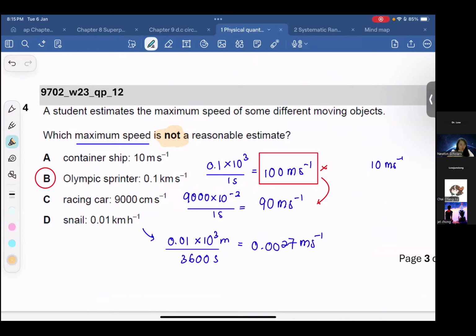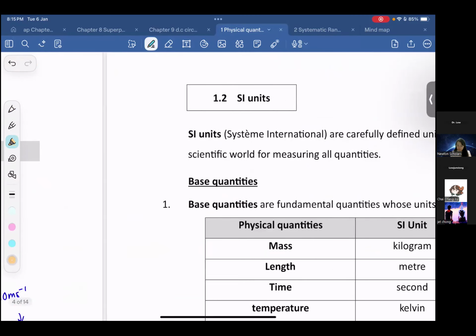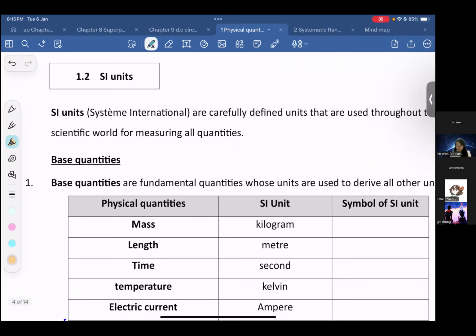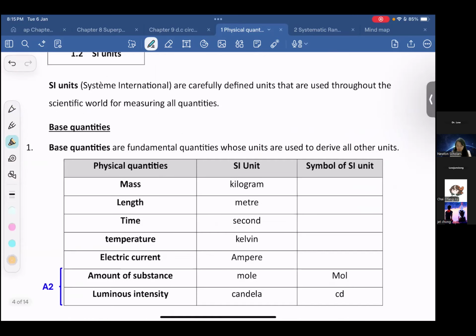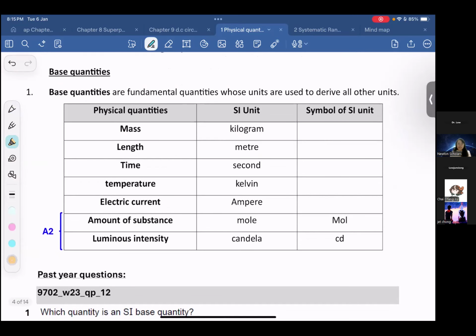Okay, can we go to your page number 4? Yes, thank you. Okay, let's go here. SI units. Here we learn about base quantities. Basically there are 7 base quantities, but in our Year 12, we only need to know these 5, which are: mass, with the unit kg.